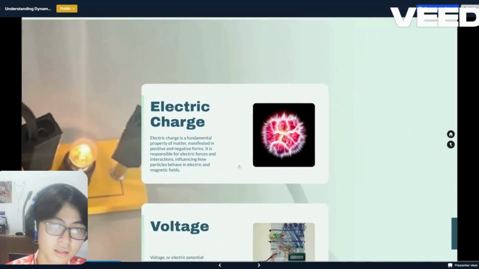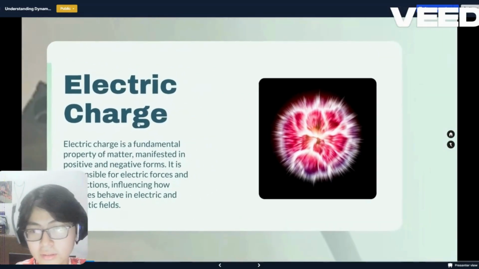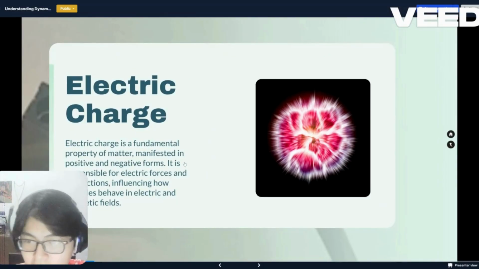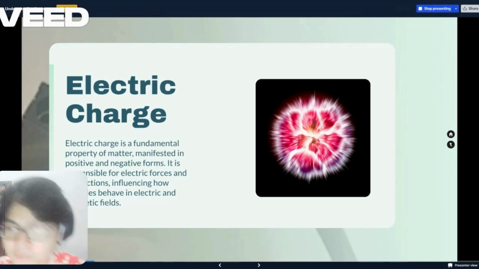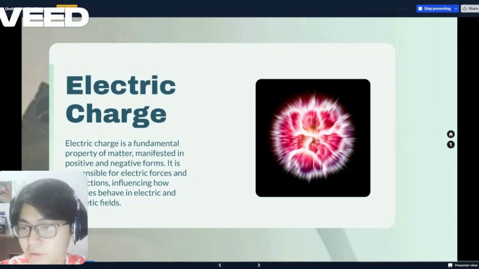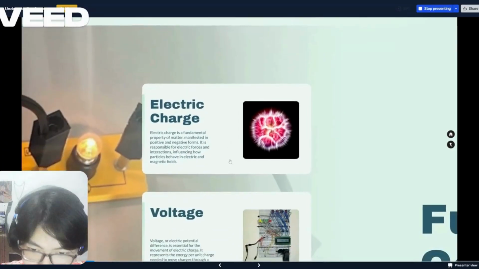The first concept is electric charge. This is important. Basically, electric charge is a fundamental property of matter, manifested in positive and negative forms. It is responsible for electric forces and interactions, influencing how particles behave in electric and magnetic fields.